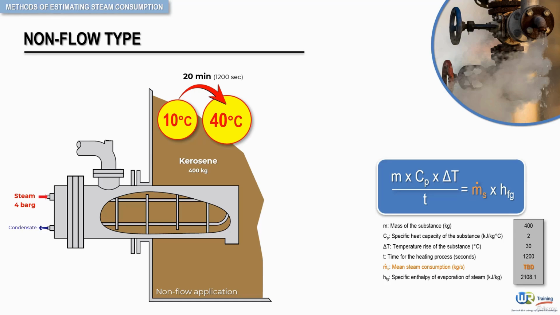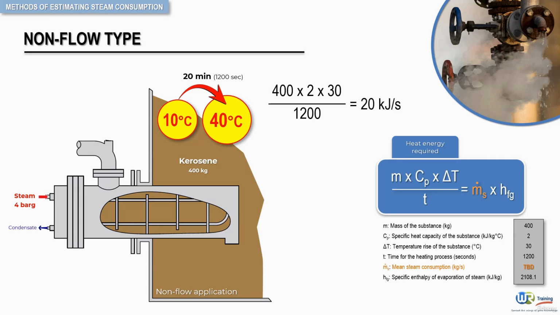First, we determine the left-hand term of the heat transfer equation, m times Cp times delta T over time. This term is the heat energy required by the application. We plug in our variables for a result of 20 kJ per second.